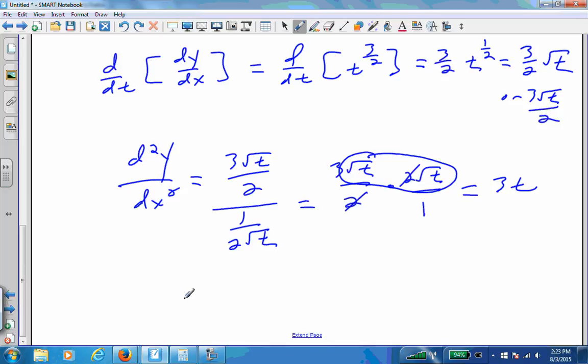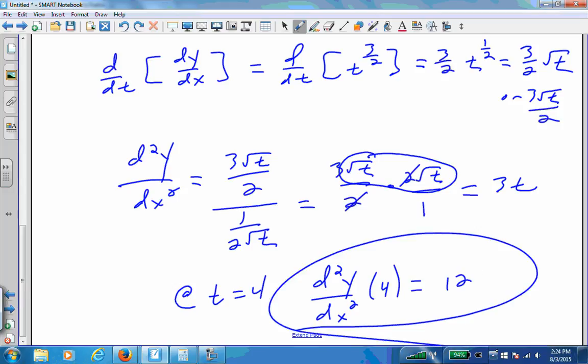So if we want the concavity at t equals 4, the second derivative at t equals 4, 3 times 4 is 12.